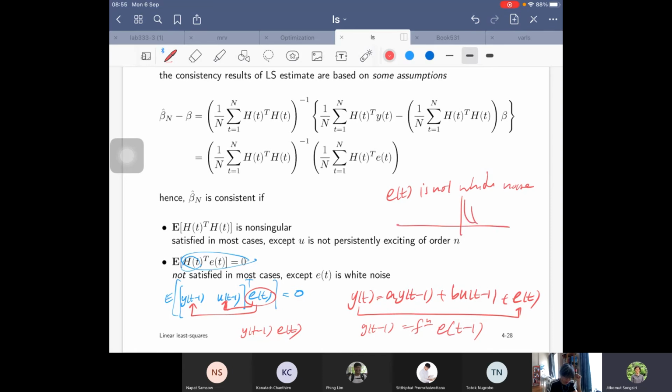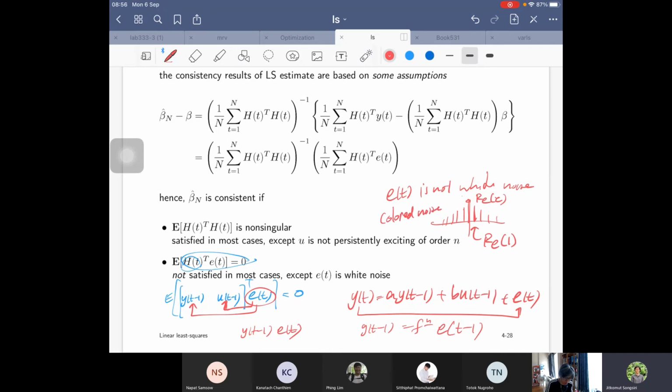Everyone knows that when you filter white noise, you have colored noise. For example, this is the autocorrelation of the noise. It means that R_e at time lag 1 is non-zero, right? Non-zero.